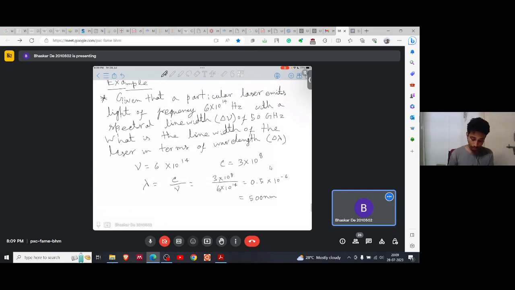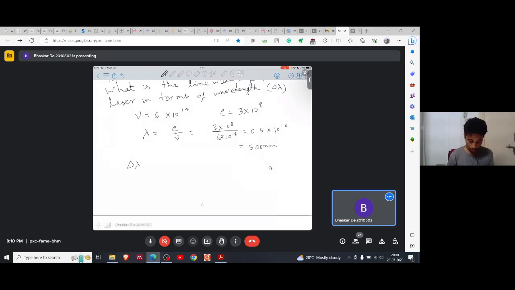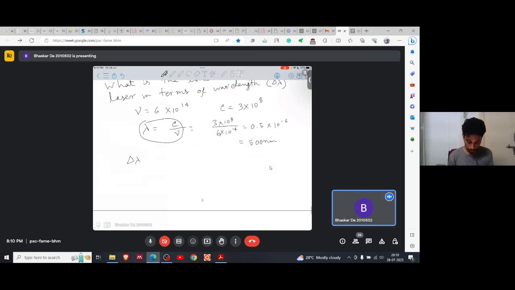Now the problem is asking about delta lambda. So how are we going to calculate delta lambda? We have this equation, we'll just take the differential of it. So we'll get delta lambda equal to minus c by nu square into delta nu.